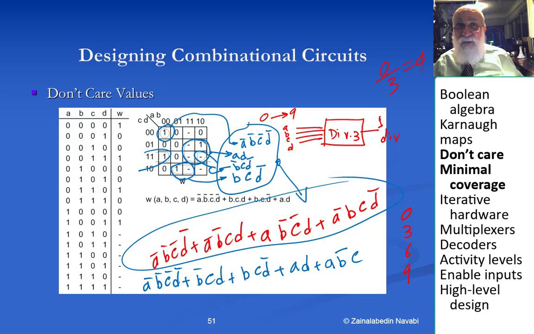If I want to just calculate the number of gates, the number of transistors, this has the most. And let's see, let's do this. Not counting the inverters, this has 8, 8, 8, 8. That's 32. And then 1, 2, 3, 4. That's another 8. So that's 40 transistors altogether, not counting the inverters. And if I were to do this using NAND gates, this one, 1, 2, 3, 4, 5 terms.